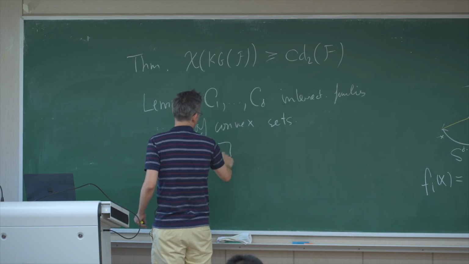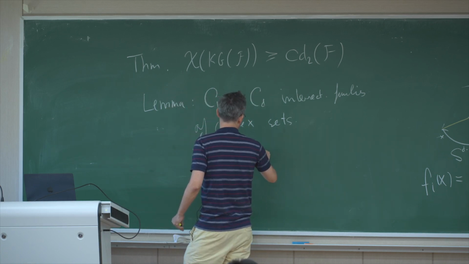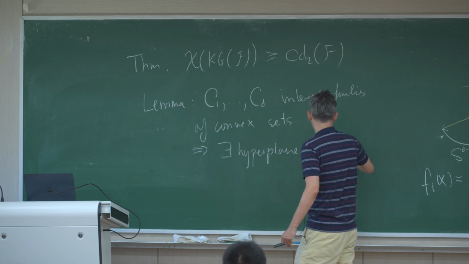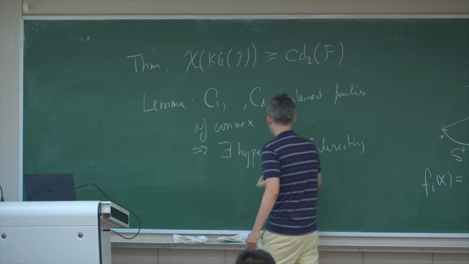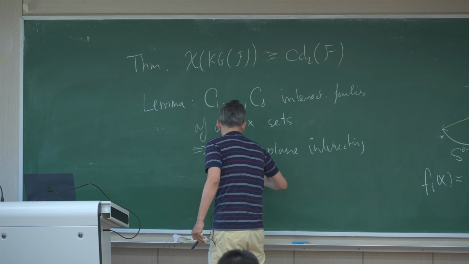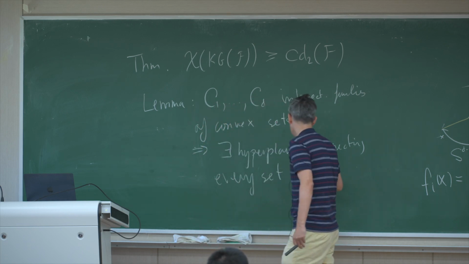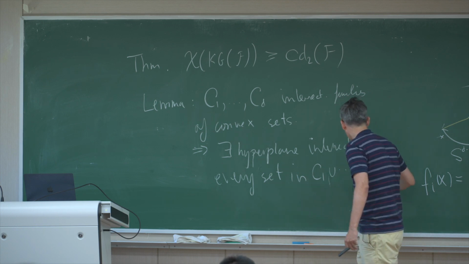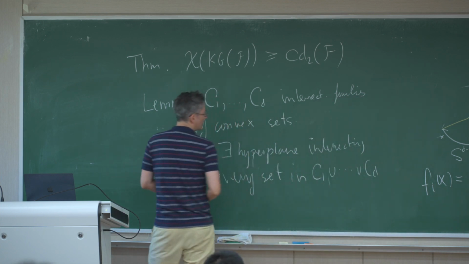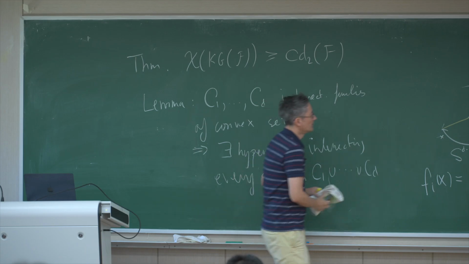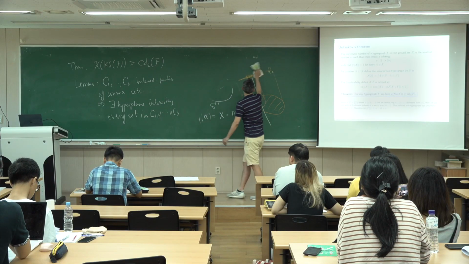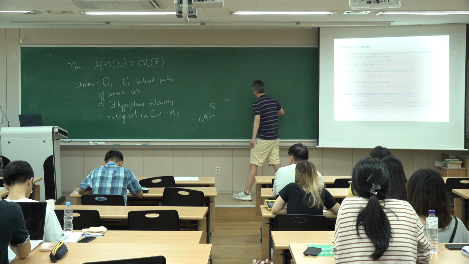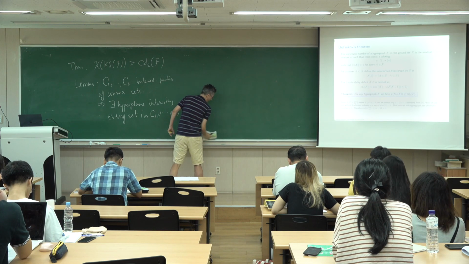Then there exists a hyperplane intersecting every set in the union of C1 up to Cd, like this. Okay.